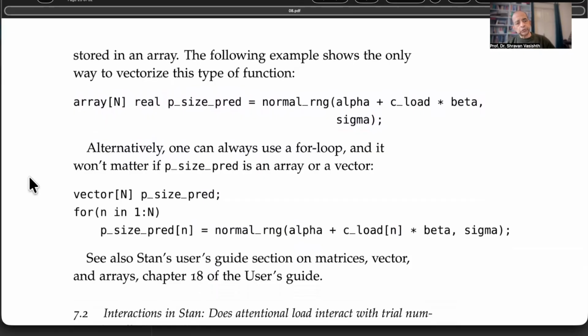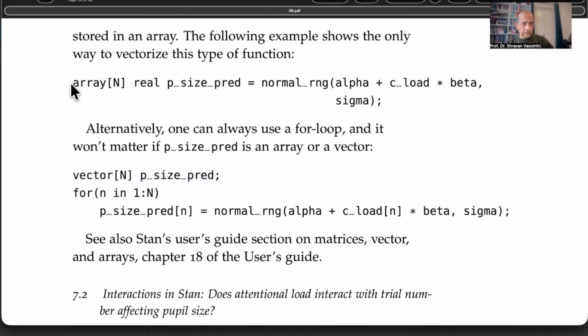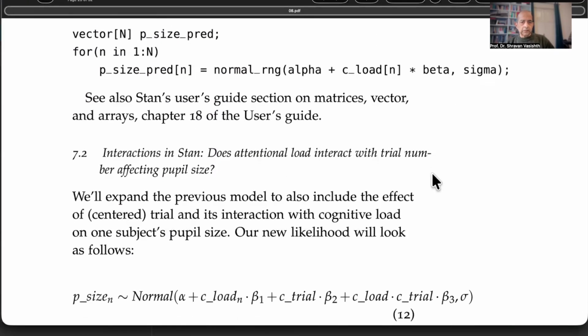But if you use a for loop to generate prior or posterior predictive data, you can define a vector with n elements and then fill those up cell-wise. Okay. So these are two options available. Most of the time we are using this actually in the code that you will see, except for some exceptions later on.